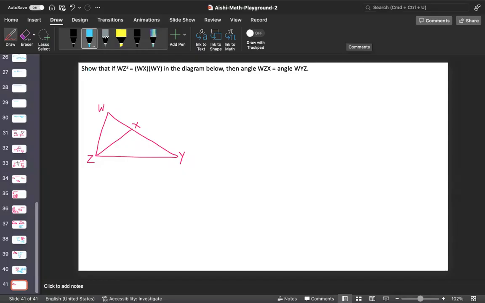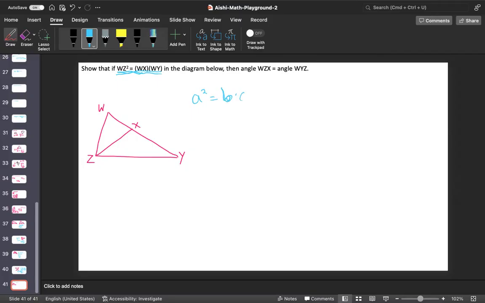Okay, last question of the day. Show that if WZ squared is equal to WX times WY in the diagram below, then angle WZX is equal to angle WYZ. Again, we don't have any side ratios, but we won't need them because the equation that they gave us is in the format a squared is equal to b times c.